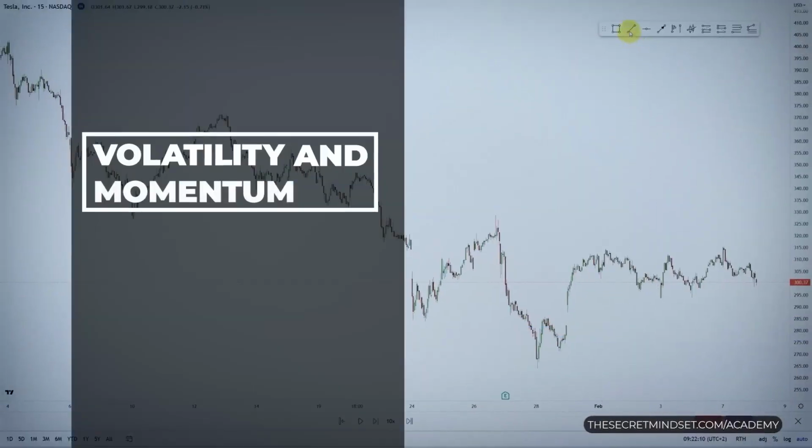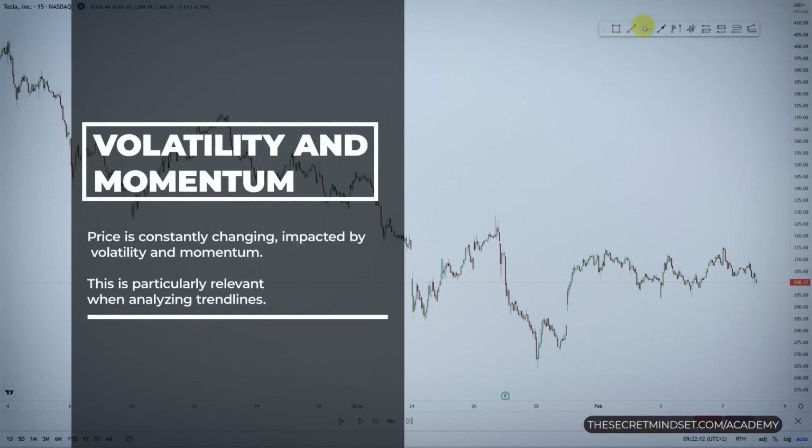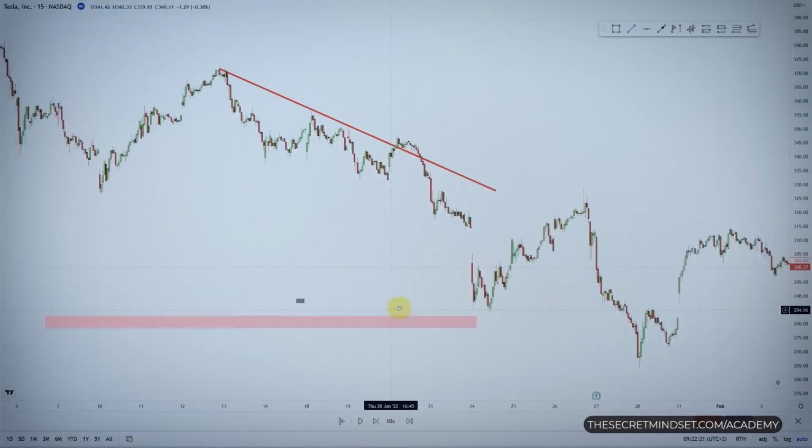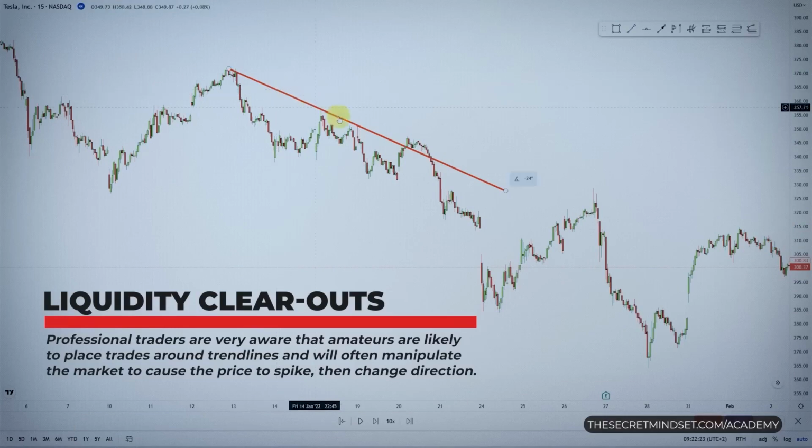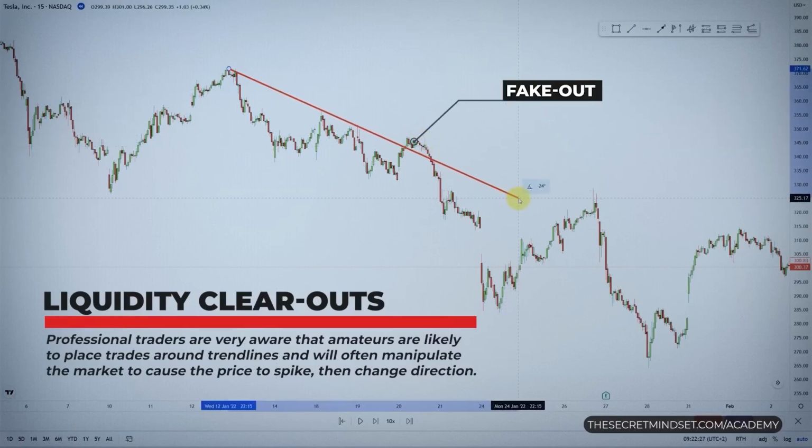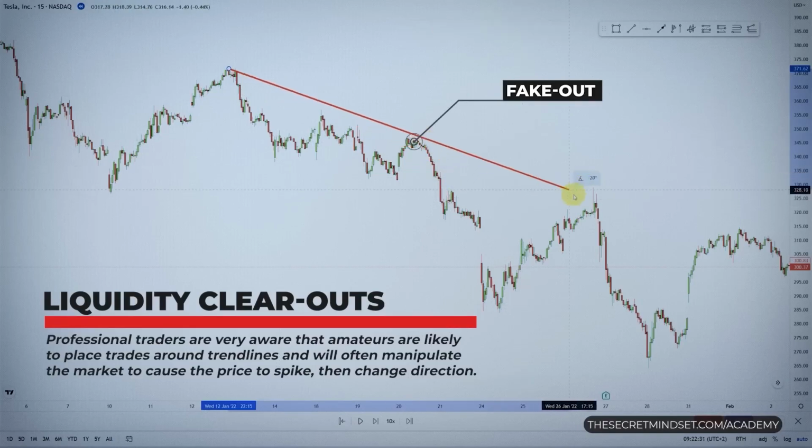So price is constantly changing, impacted by volatility and momentum. This is particularly relevant when analyzing trend lines. Professional traders are very aware that amateurs are likely to place trades around trend lines and will often manipulate the market to cause the price to spike, then change direction.